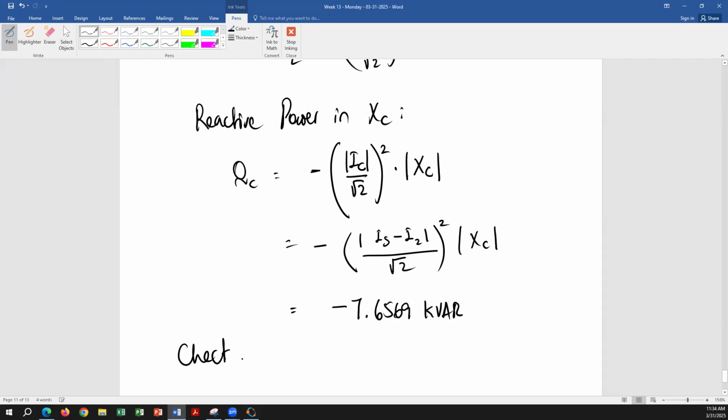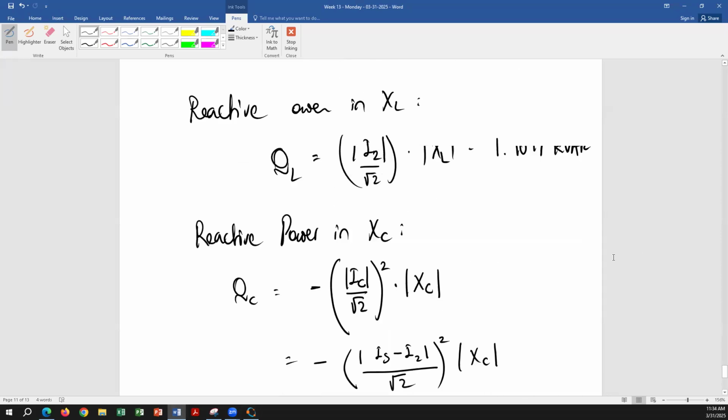So now do the check. Q total is equal to QL plus QC, which is negative 5.747742 kilovolt ampere reactive.